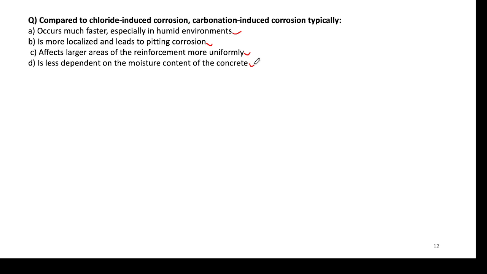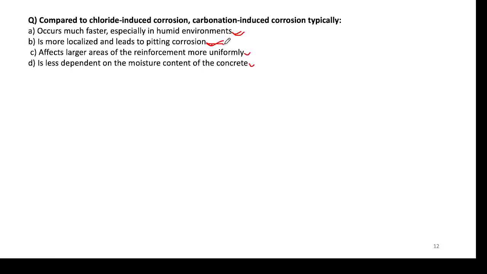Let's eliminate some of the options from the following. Occurs much faster, especially in humid environment: carbonation-induced corrosion can be the answer. Okay, let's see option B. Is more localized and leads to pitting corrosion. Will that be correct?